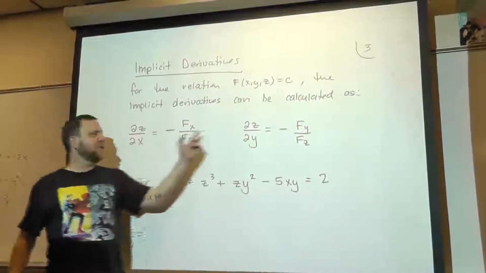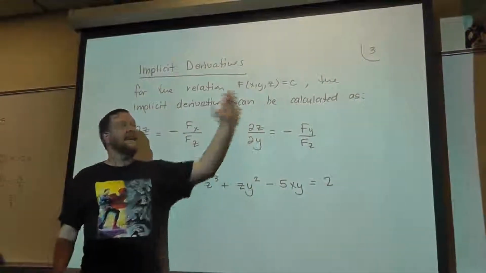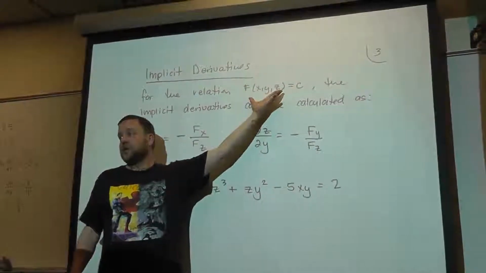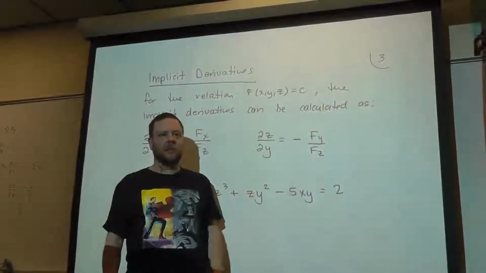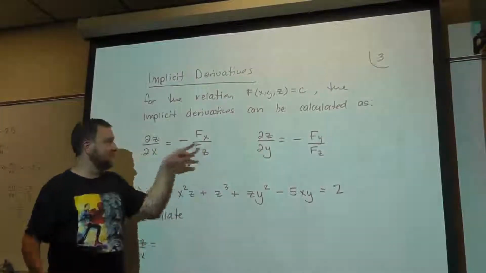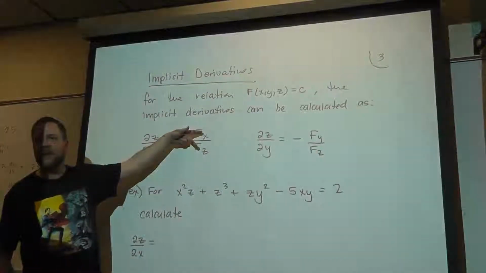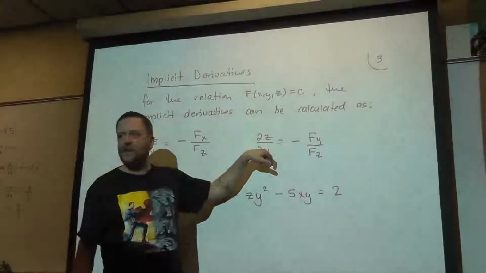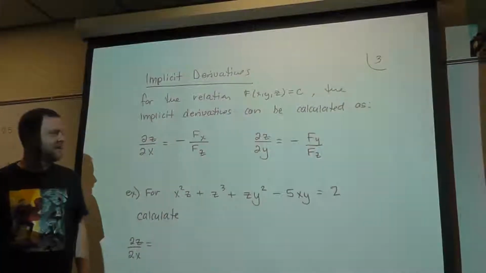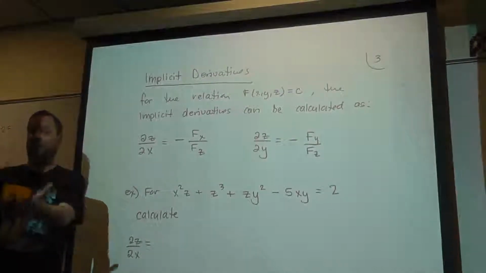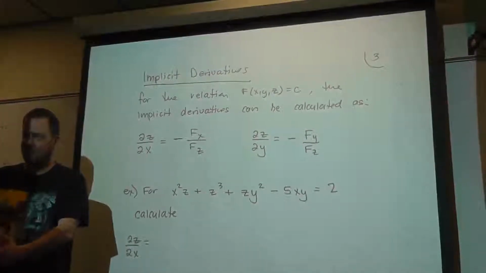And if I want to get the partial of z with respect to y, I need to take this F, this original expression from my implicit surface, and do its negative partial with y over partial z. So notice, z over x here flips to x over z there. Z over y here flips to y over z. And that's just the way I committed it to memory. So I guess I'm implying I'd like you to know this.